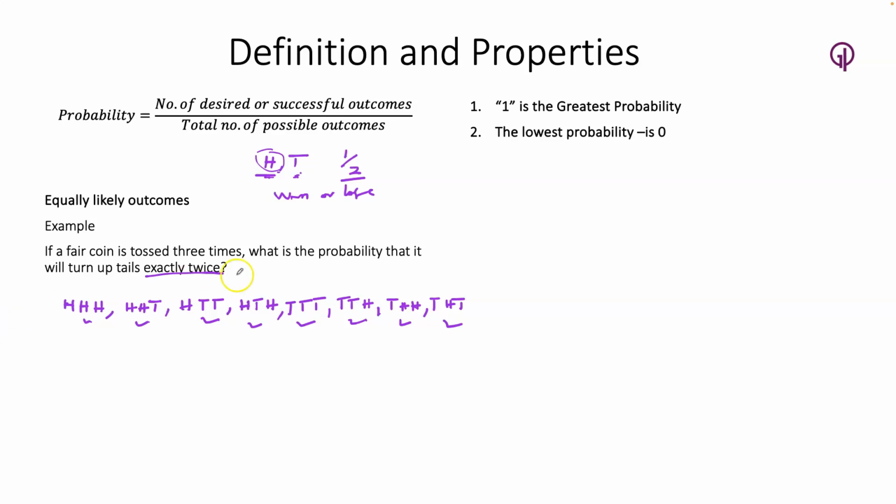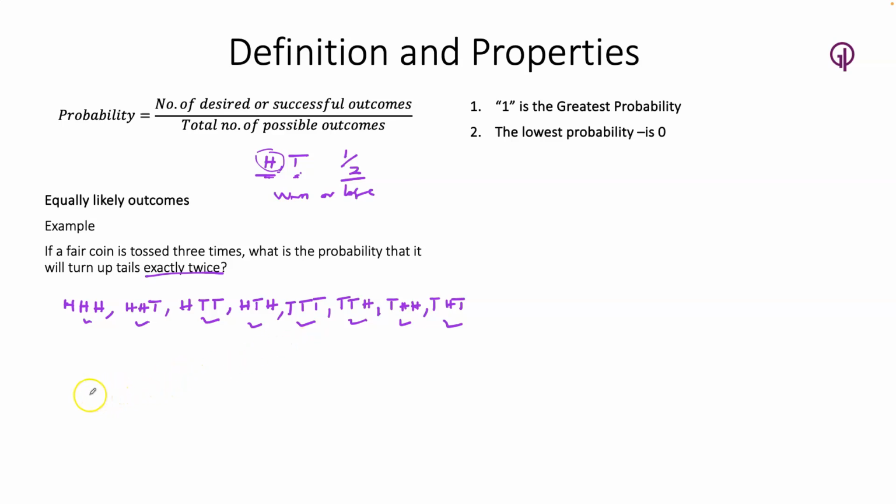If you have trouble formulating this list, please use a counting tree, which breaks down the possible outcomes step by step.